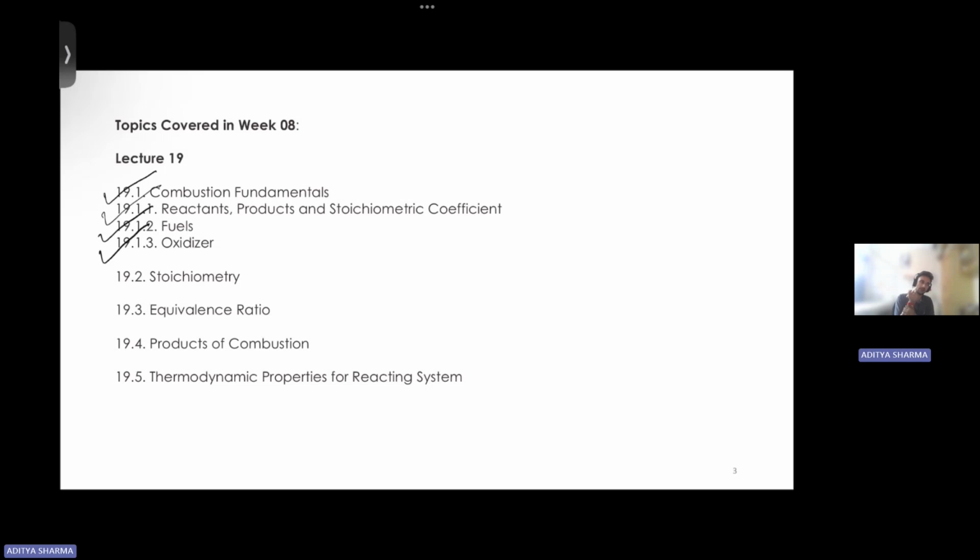I've written an example of methane, which is also a hydrocarbon.